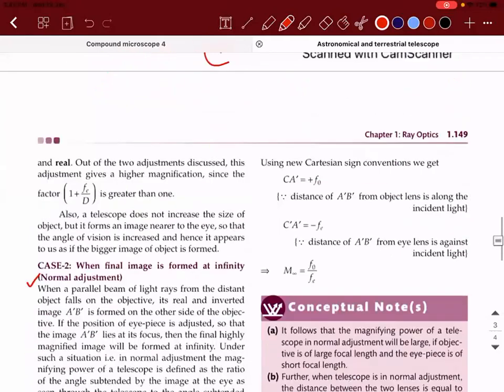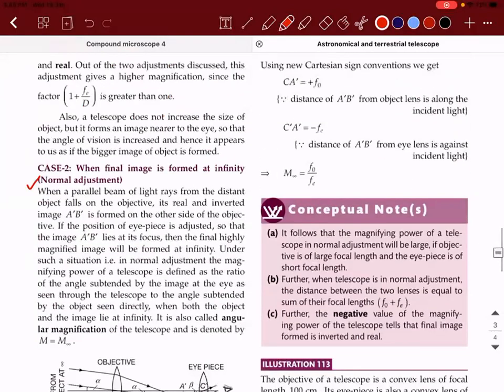Is it clear? So from Monday, I'll start the next chapter, that is wave optics. Wave optics will take exactly 4 to 5 classes. After that, all other chapters you can take each chapter one class or 2 classes. Okay, 11, 12, 13, 14. So maximum will be done in 13 more classes, that is in less than a month from now, if you calculate.